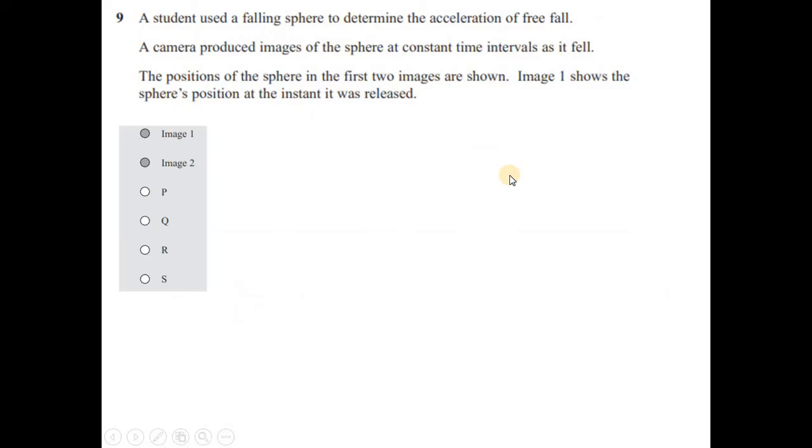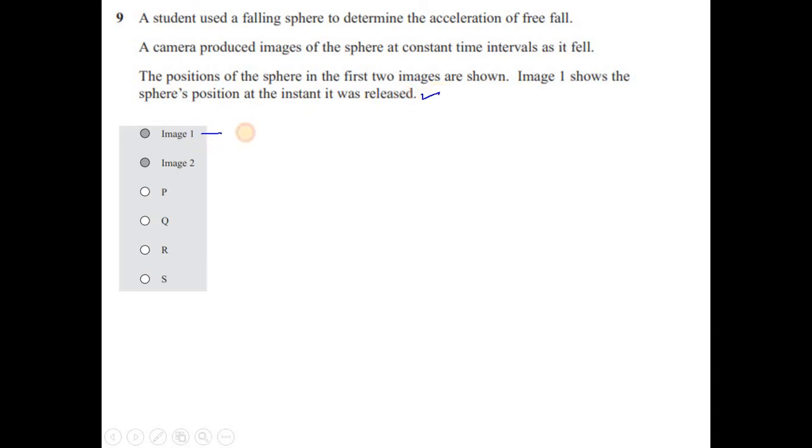Question number 9. A student used a falling sphere to determine the acceleration of free fall. A camera produced an image of the sphere at constant time intervals as it fell. The positions of the sphere in the first two images are shown. Image 1 shows the sphere's position at the instant it was released.